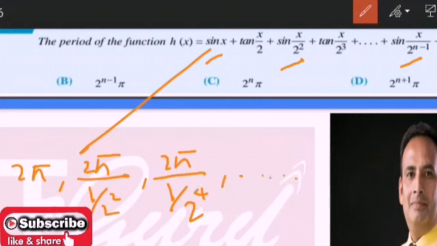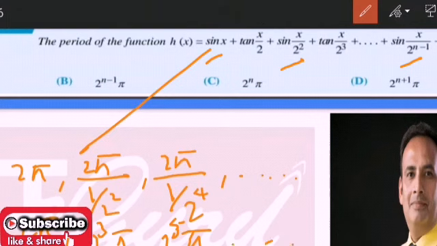So what we see here, this is 2 pi for the sine part, and here that is 2 to the power 3 pi, correct, for sin x by 2, and for sin x by 2 to the power 4, that is 2 to the power 5 pi, and so on.